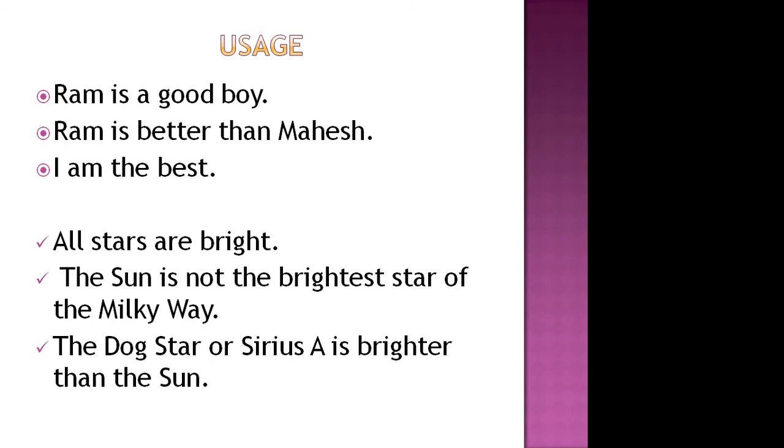So notice one more thing here. The subject verb agreement is there when we talk about Ram is a good boy and all stars are bright. But when you are giving some information about someone that is a positive degree, then you need to use the article a.